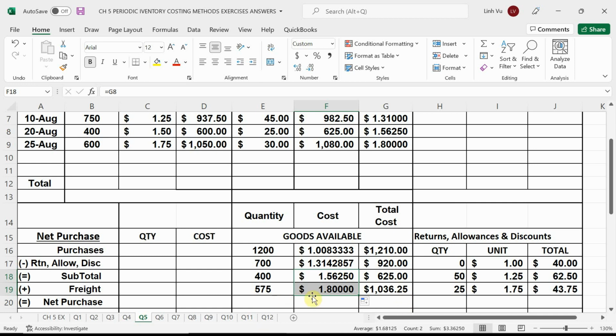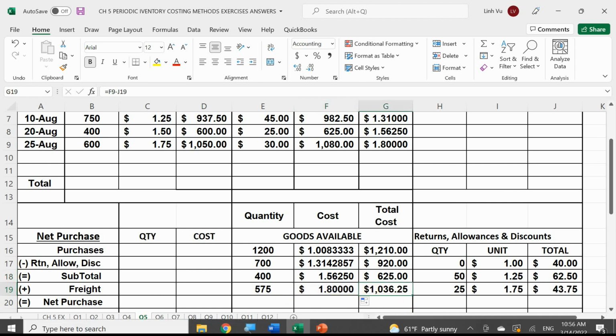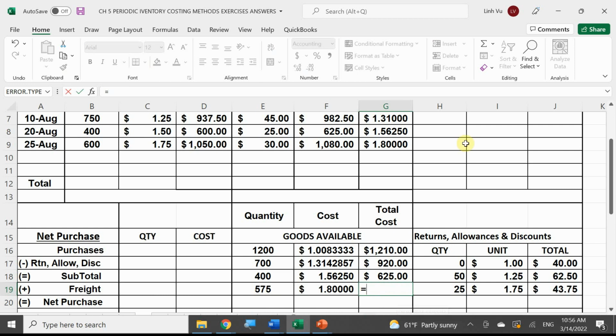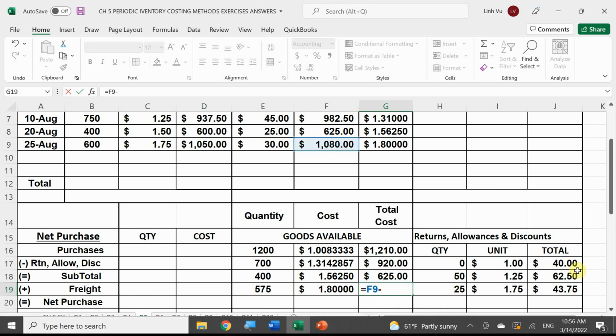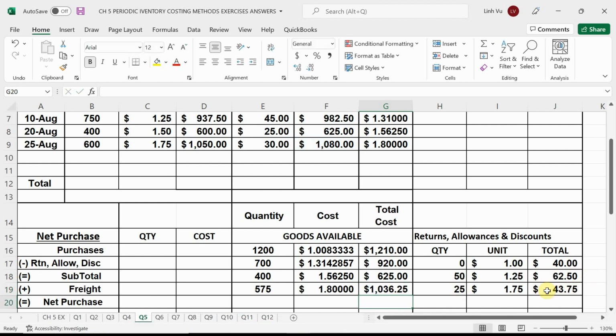Hold on, that doesn't make any sense. How did that become... It didn't change. There you go. It's supposed to be, yeah, there you go.